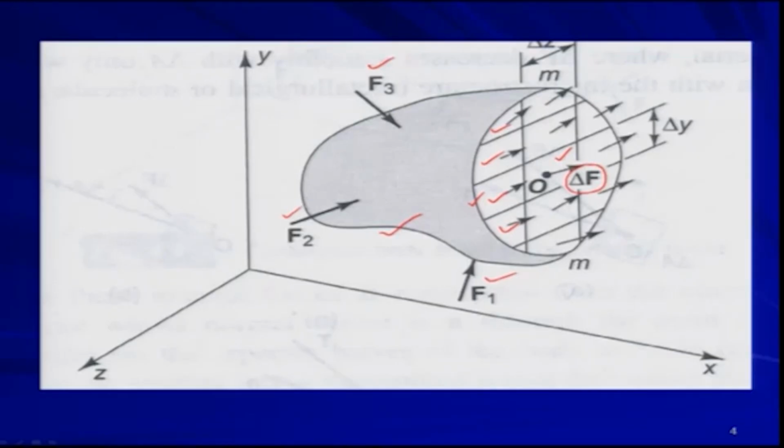As I told you in the last lecture, it is not necessary that delta F will always be perpendicular to the plane, that means towards the direction normal. In a more general way, it is not normal to the plane.